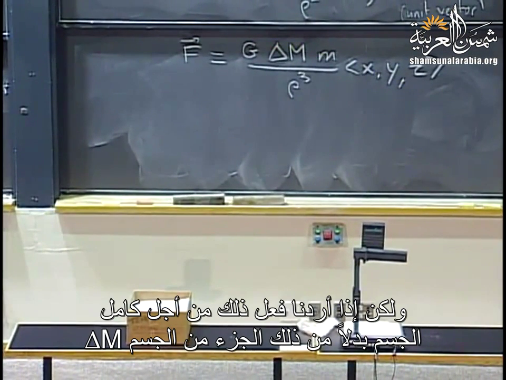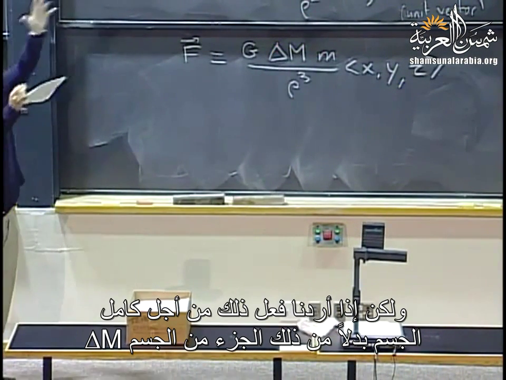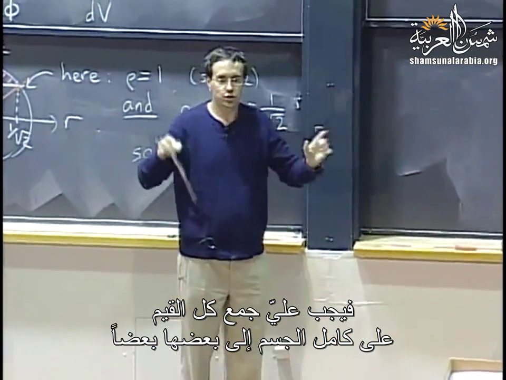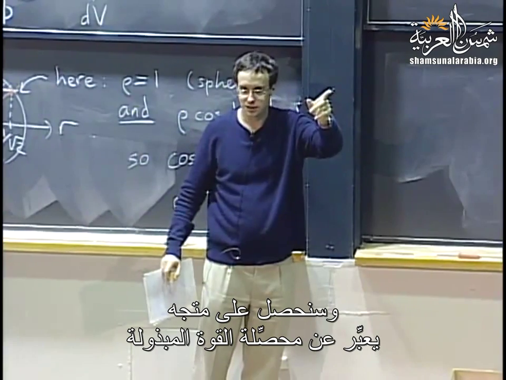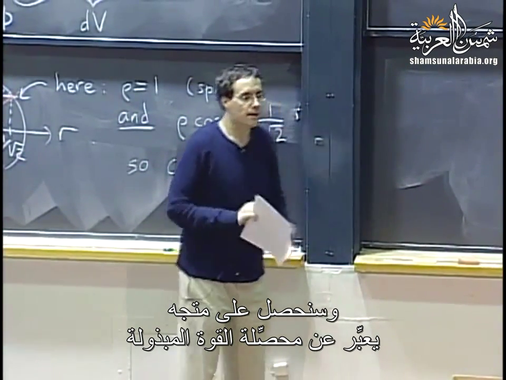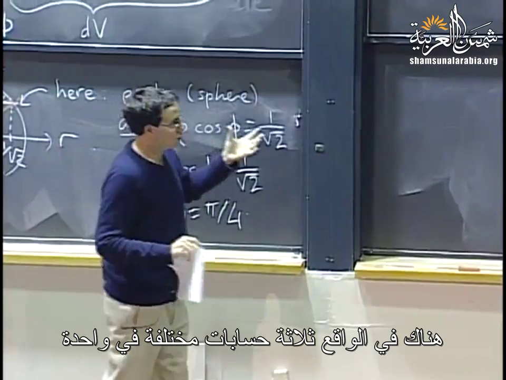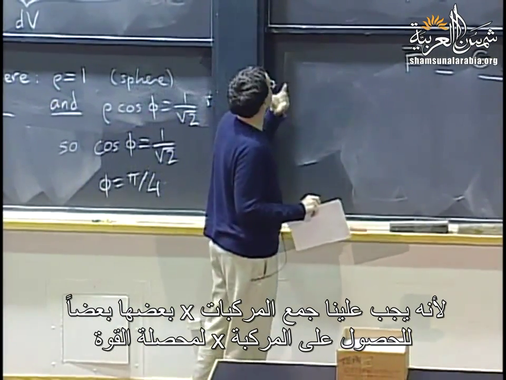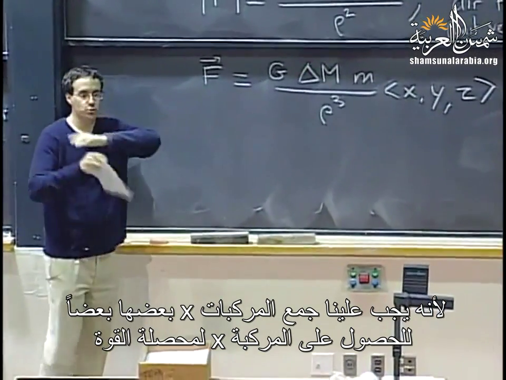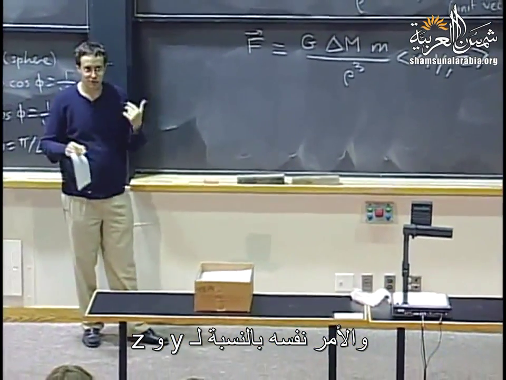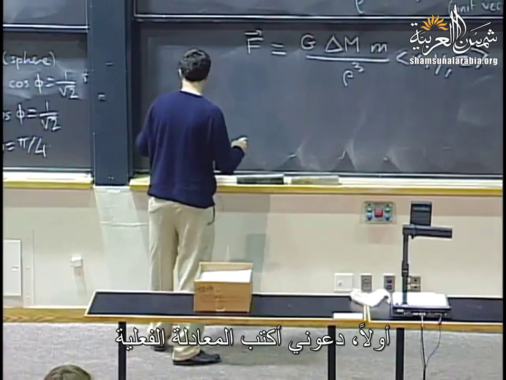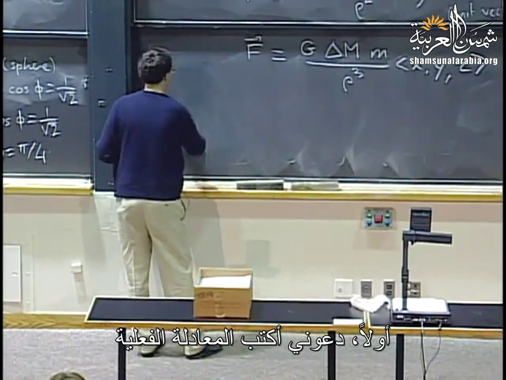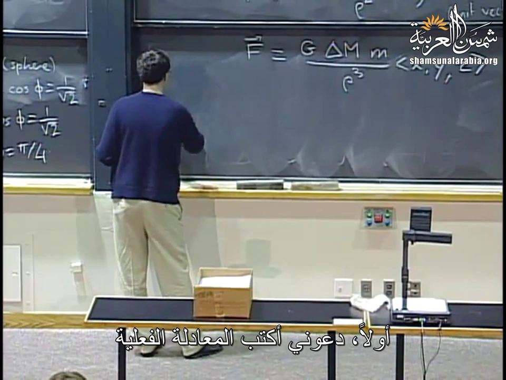Okay, so now if I have not just that little piece delta m, but an entire solid, then I have to sum all these together, and I will get a vector that gives me the total force exerted. Of course, there are actually 3 different calculations in one, because you have to sum the x components to get the x component of the total force, same with the y and same with the z. So let me first write down the actual formula.